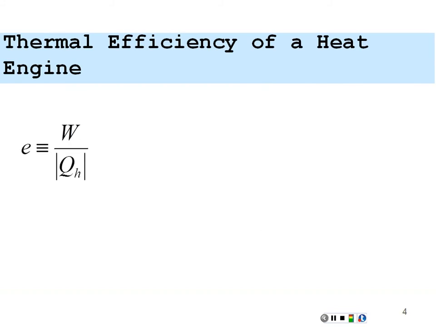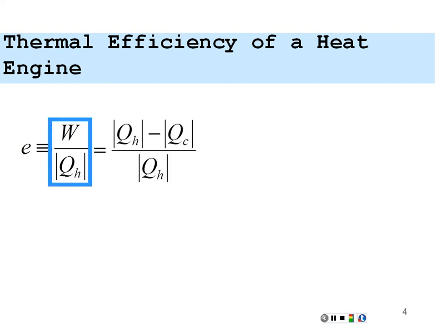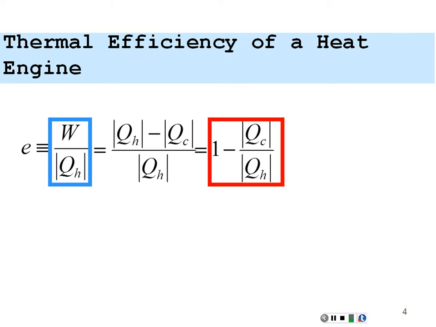We define, with a triple equal sign, the efficiency as being the work performed over the heat input from the hot reservoir. We can write that as the difference between the heat input from the hot reservoir minus the heat expelled to the cold reservoir over the input of the hot reservoir, or simplify this as 1 minus the heat expelled to the cold reservoir divided by the heat taken in by the hot reservoir. This is our heat engine efficiency.